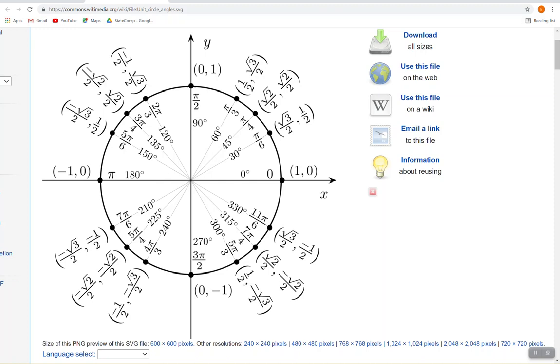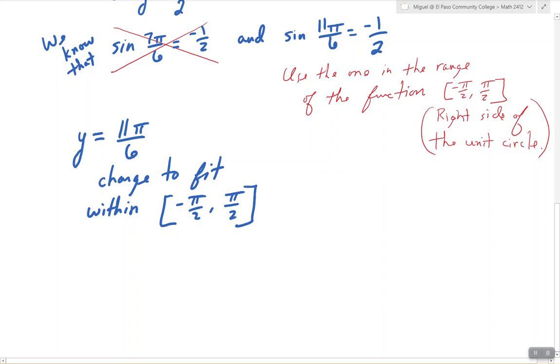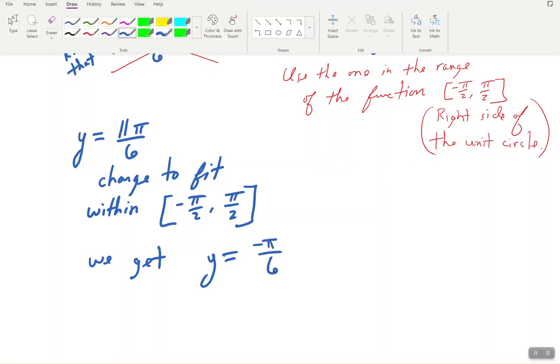So in negative degrees, this would be negative 30, good. 30 is represented by π/6, so this will just be negative π/6. All right, negative π/6.